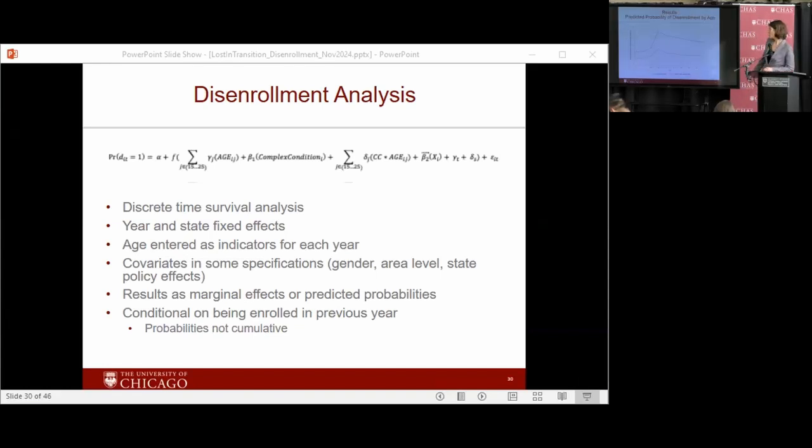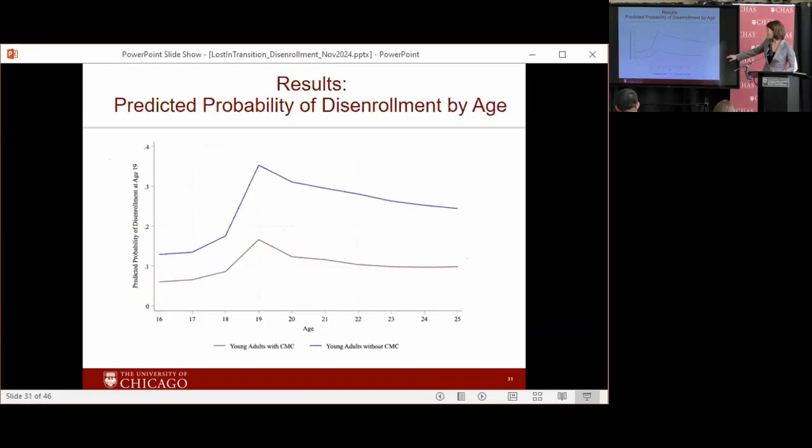So looking at some results, this is the predicted probability of disenrollment by age, beginning again at age 16, because the youngest ones are 15, they're enrolled for those 11 months. You can see that the probability of being disenrolled at age 16 is pretty low, but then it spikes at age 19, and this is for the full US, and then declines a little bit, but remains high.